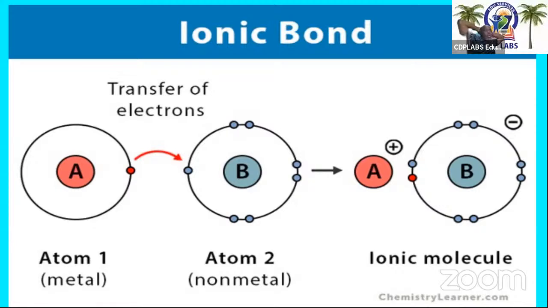Well done. So it receives an electron, and now it becomes an ionic molecule. All right. So we'll talk about ionic bond. Again, metal giving up an electron or more to a non-metal. That's basically the ionic bond. Because if you're asked to define ionic bonding, you will remember these pictures.